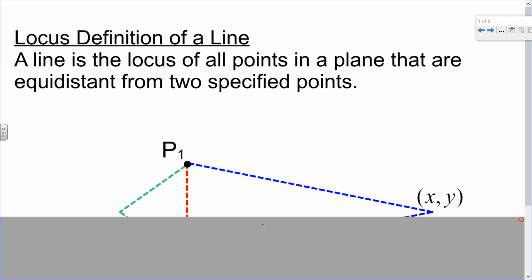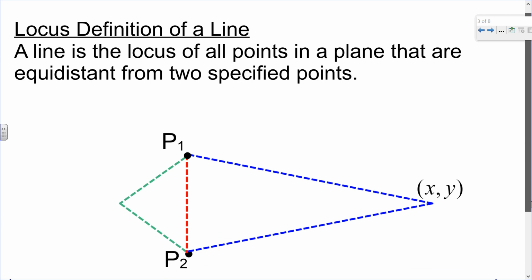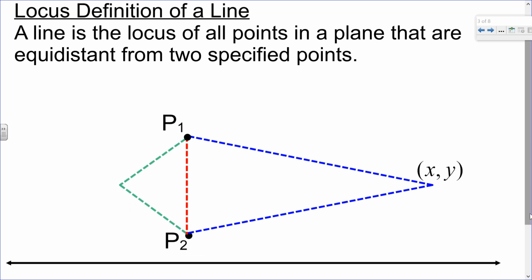So it is going to look something like this. We have 2 original points, and they're going to actually tell us the coordinates for P1 and P2. Then we're going to start finding points. So I'm going to just start with one easy one.